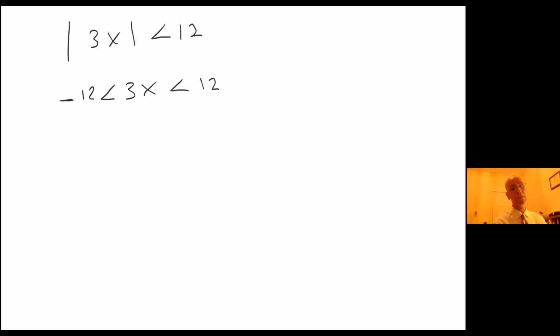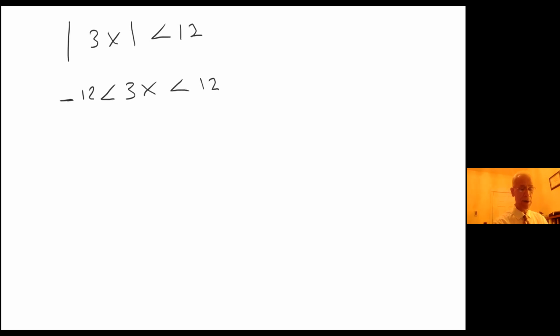Suppose this time we have absolute value of 3x is smaller than, let's say, 12. So now I know that 3x is smaller than 12. At the same time, it's greater than -12.